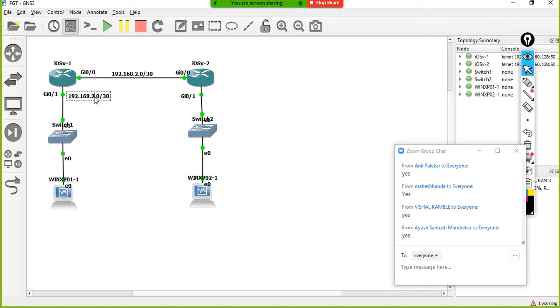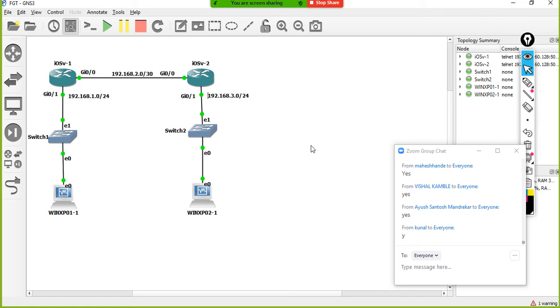And here I am going to use 192.168.1.0/24. Then this is my switch number 1. So this is my Windows XP 2. Then here I am going to use 192.168.3.0. Right, guys? Everybody understand the topology? Is it fine for you?